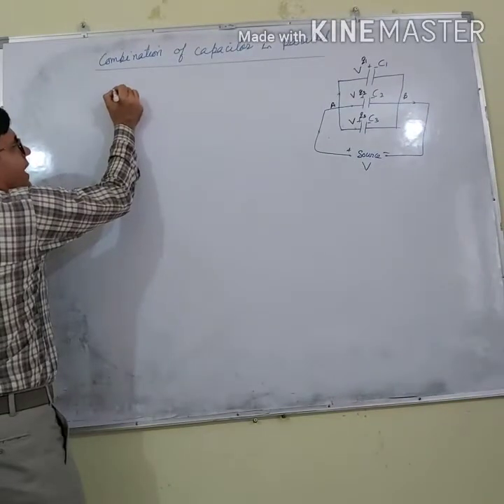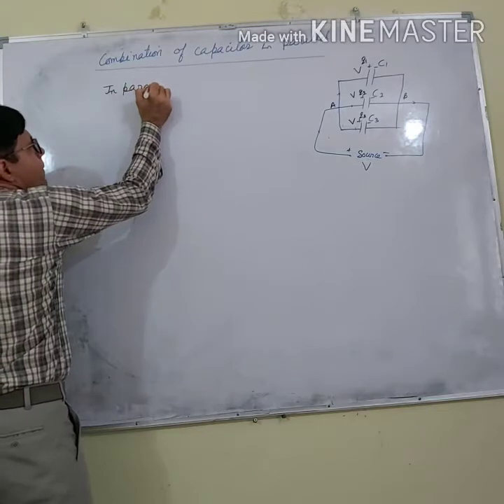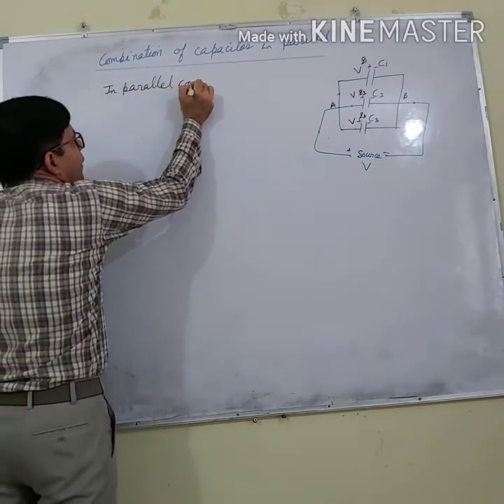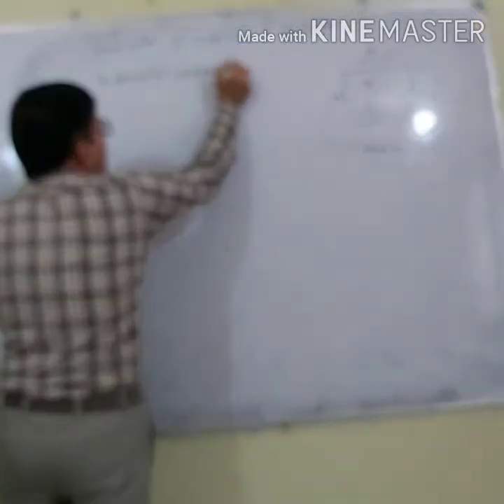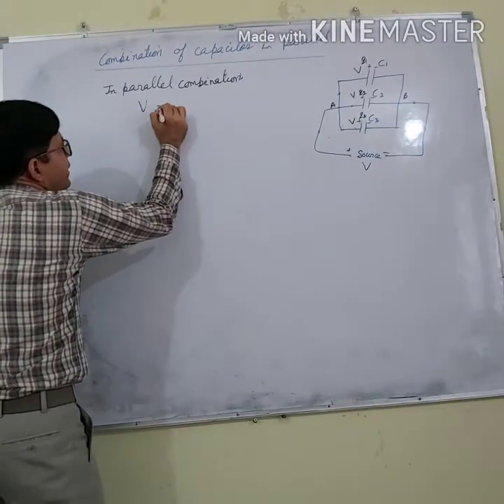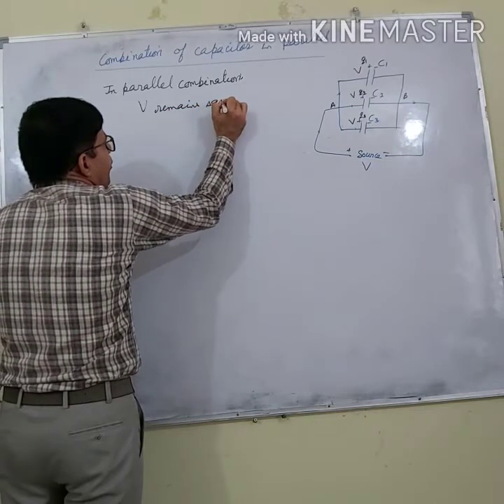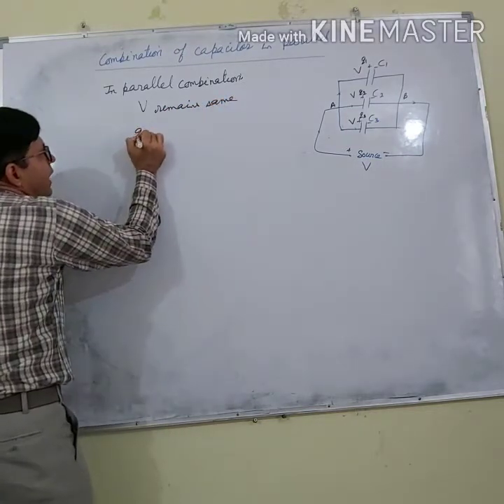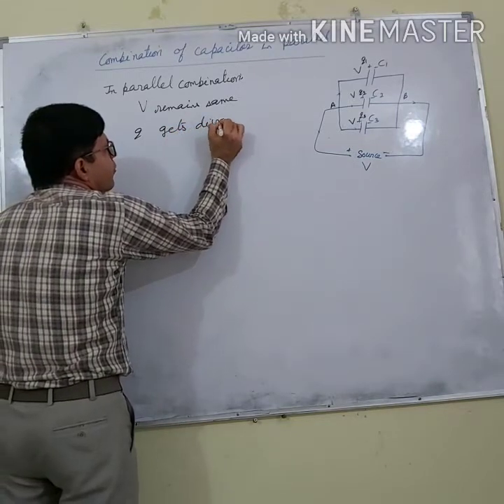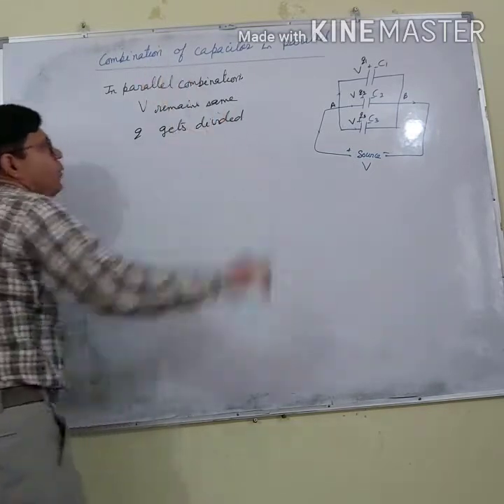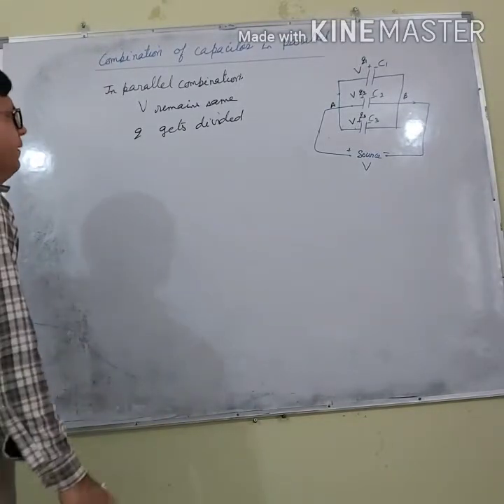In parallel combination, potential remains same and charge gets divided.